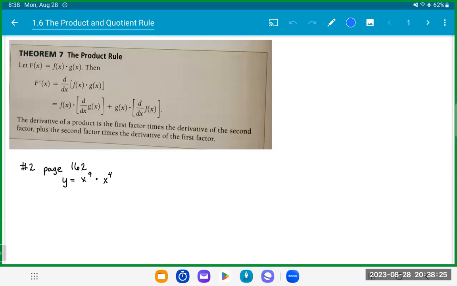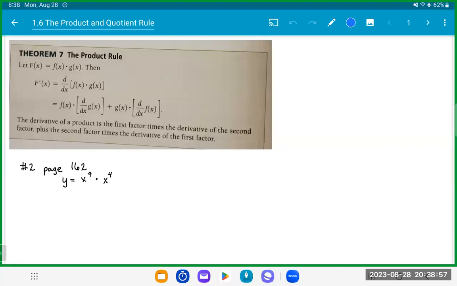All right. So for our quotient and product rules, we have a couple of theorems to go by, like the previous section. So the first one is the product rule. The product rule is basically telling me if I have two functions multiplied by each other, then I'm going to write it out in shorthand because I think it's a little easier to see.